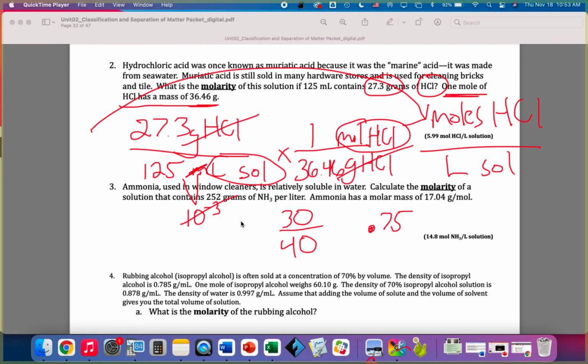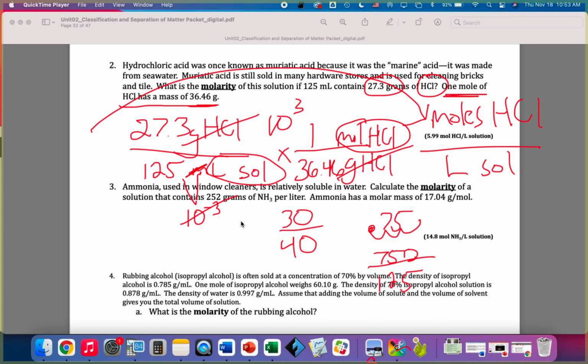This 10 to the negative third we can put on top as 10 to the positive third. So that's going to make this 3 powers of 10 bigger. 1, 2, 3. I think the answer is going to be pretty close to 750. And then we're going to divide by the 125. So how many times does 125 go into 750? Well, 700 divided by 100 would be 7. It's probably 5 or 6, somewhere in that ballpark.